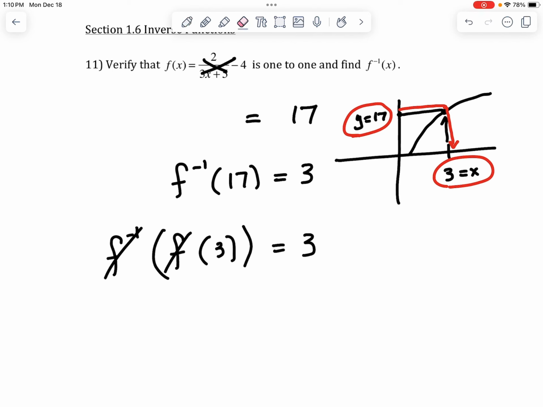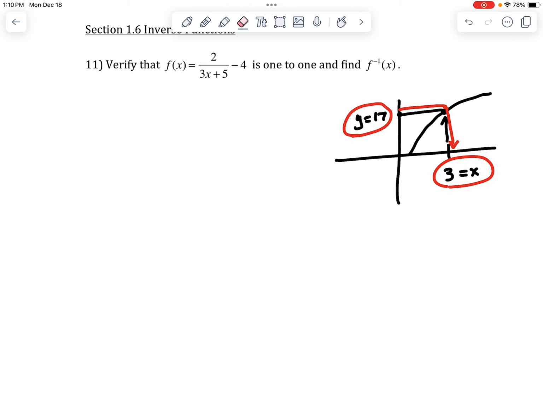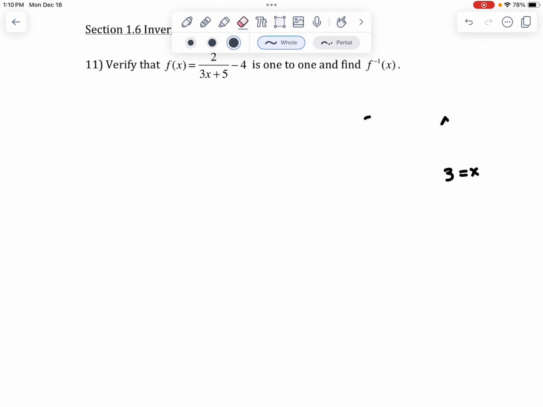All right, that was a brief overview, and now let's get to this particular problem. So basically with that little picture right there, the red part is saying that the roles are being reversed. So if I start with this particular function, and I don't need my graph anymore, instead of saying f of x equals, I say y equals.